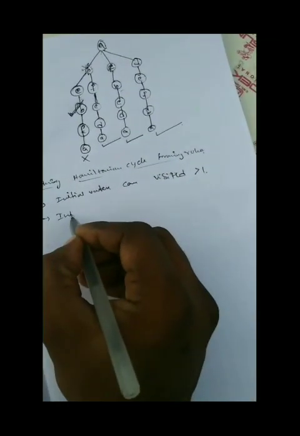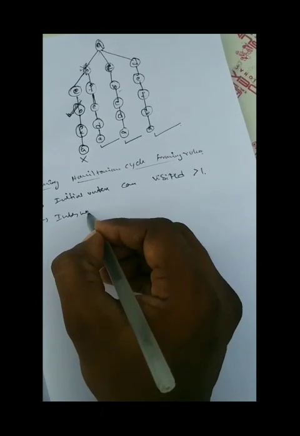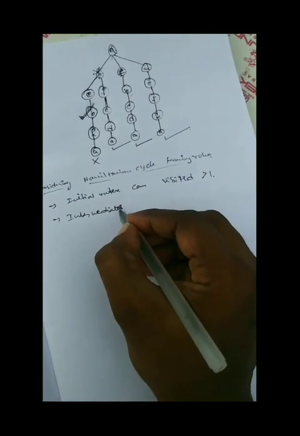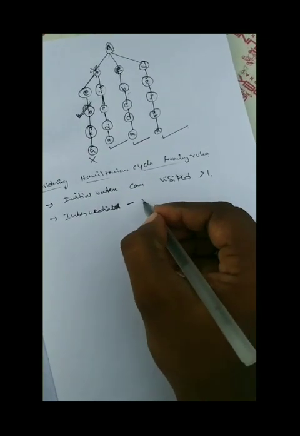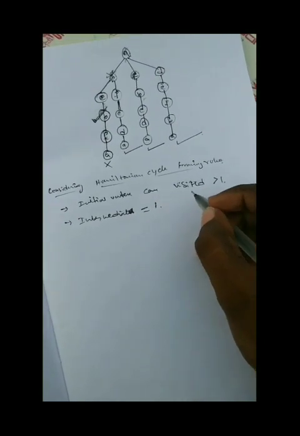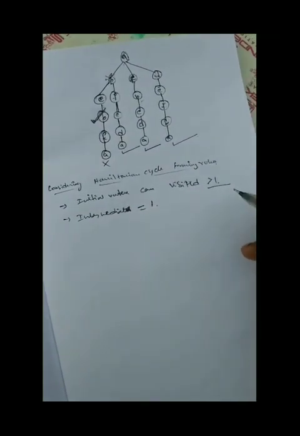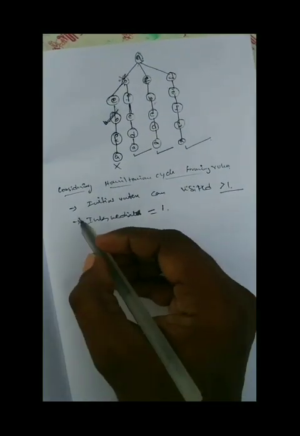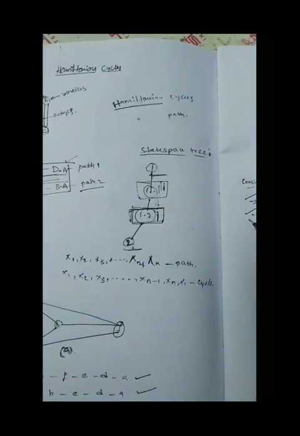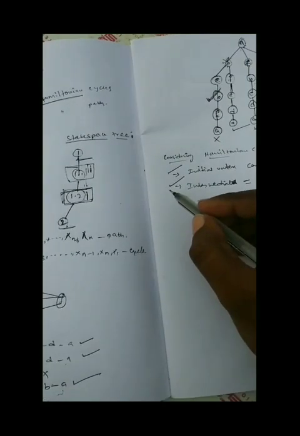Intermediate vertices are visited only one time. So these are the rules that must be satisfied to form Hamiltonian cycles. So thank you all.